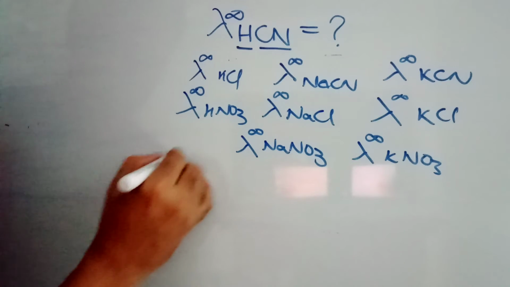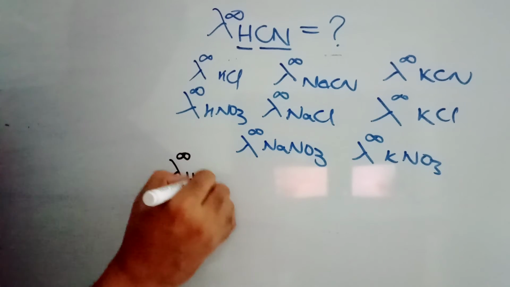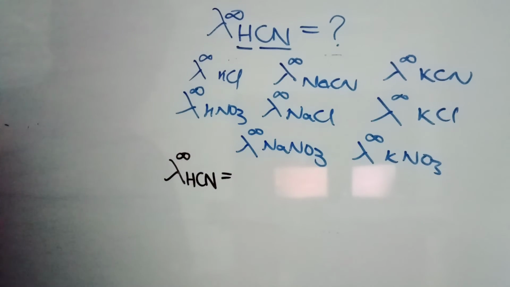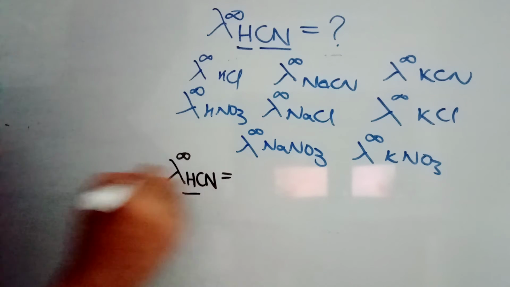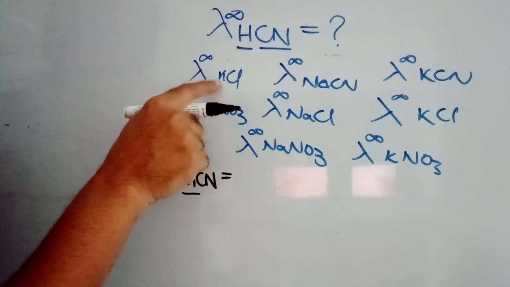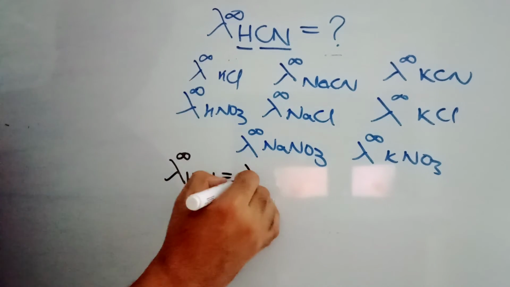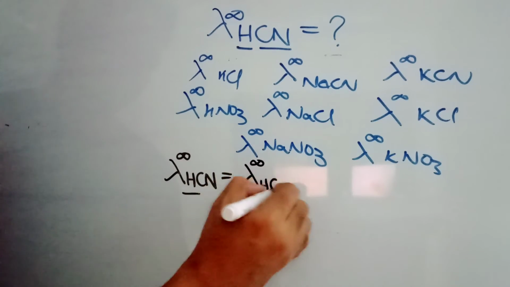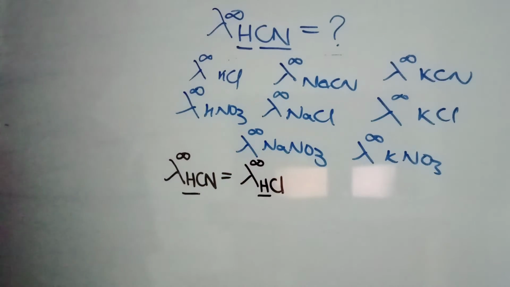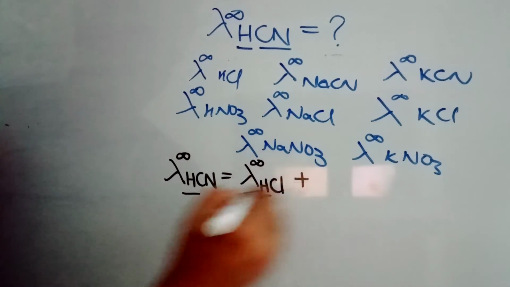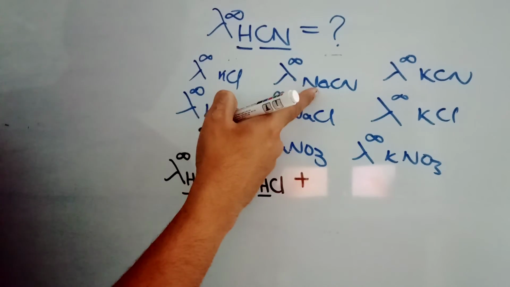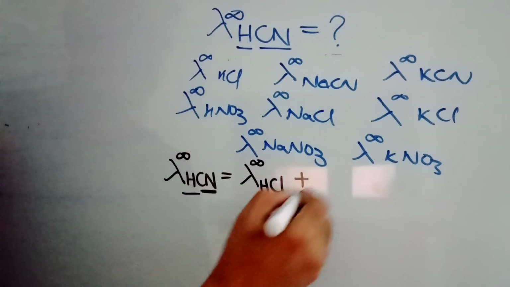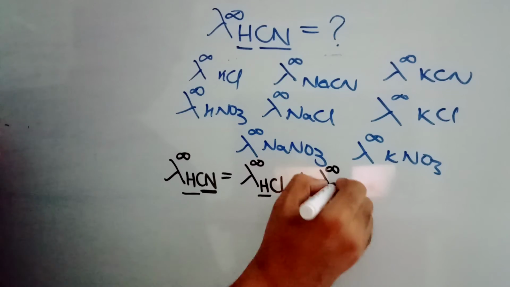Lambda infinity of HCN: you take a hydrogen-containing compound, for example lambda infinity of HCl, so you obtain hydrogen. Plus now you need cyanide. Cyanide is present in NaCN or KCN. You take any one. Lambda infinity of NaCN I am taking, good. So you got cyanide.